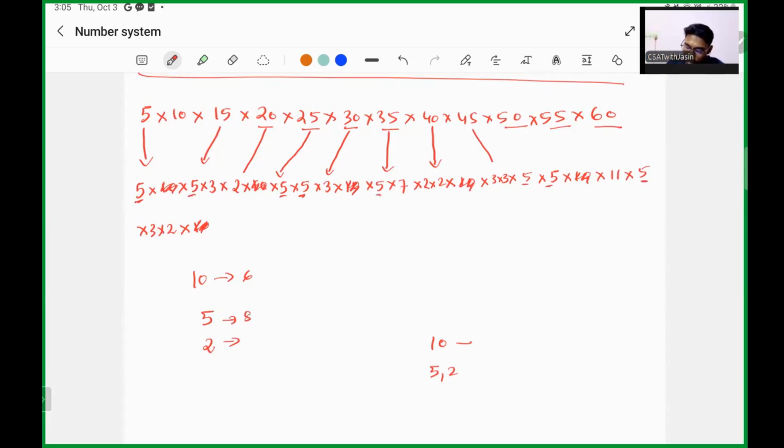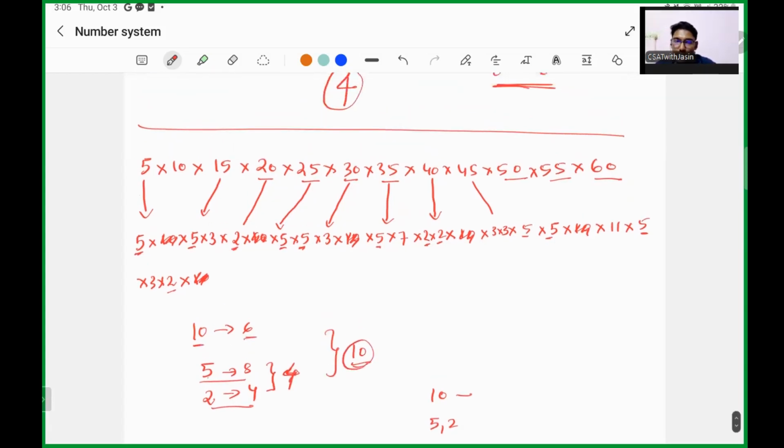So there are 8 5s, and 2s: 1, 2, 3, and 4 2s are there. So how many pairs of 5 and 2 will there be? Always take the lesser value, because there are 8 5s here and only 4 2s. So when we count the pairs, it will be only 4, right? So in total there will be 10 zeros: 6 10s and 4 pairs of 5 and 2.